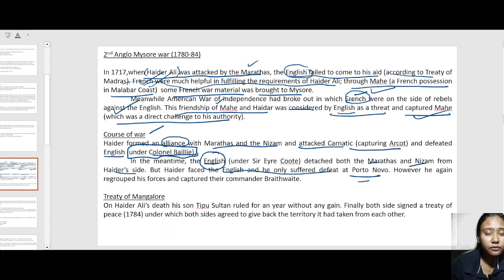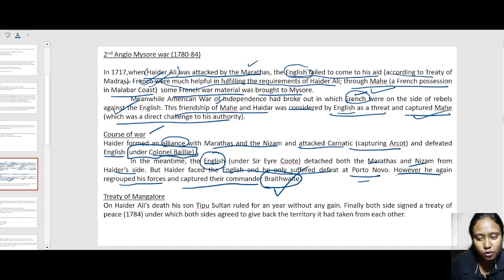However, he again regrouped his forces and captured their commander Braithwaite. So, in spite of the English trying to break his alliance, he was skillful enough to regroup and capture their commander Braithwaite.